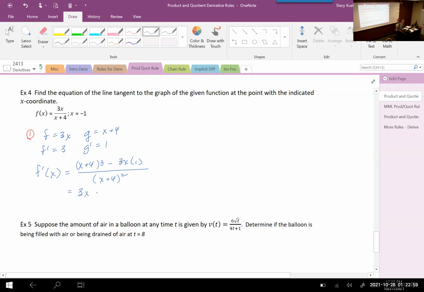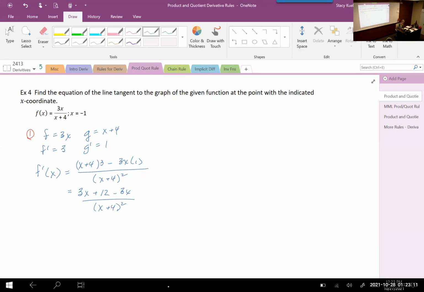Or 3x plus 12 minus 3x over x plus 4 squared. Or 12 over x plus 4 squared, because the 3x is canceled. So we found the derivative.